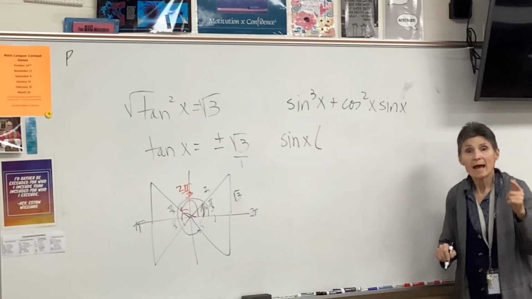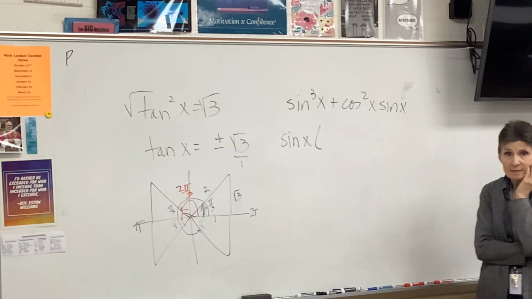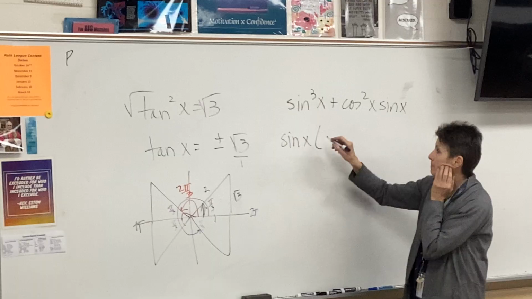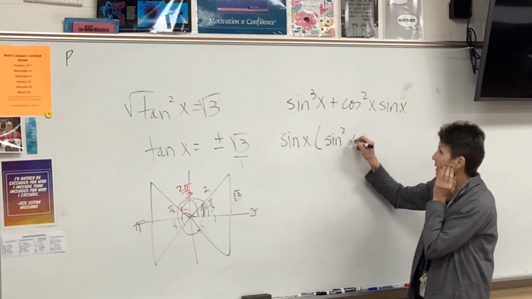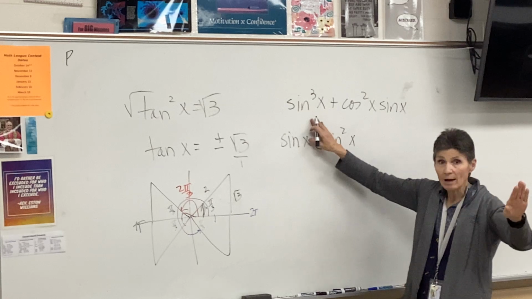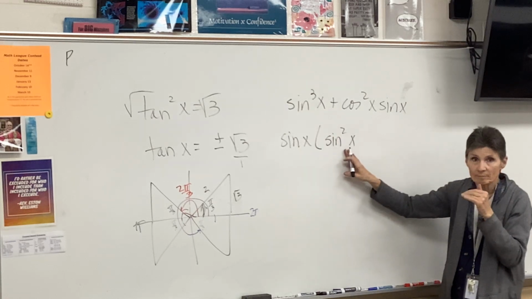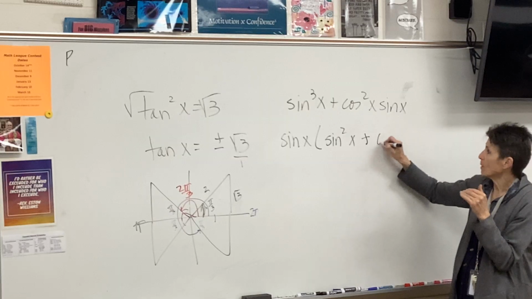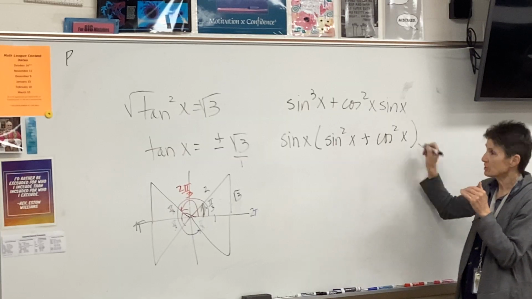Now, what is going to happen when I factor out a sine? If I take a sine out of this, I am going to be left with sine squared. This is sine cubed, so this is sine, sine, sine. I'm pulling one out, so I'm left with sine, sine. I'm pulling out the sine, so I'm going to be left with cosine squared.